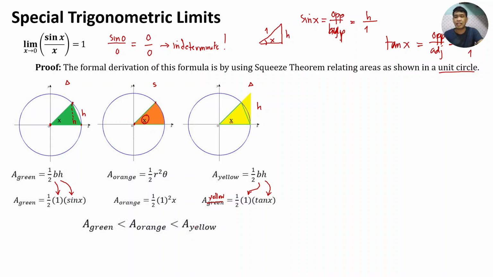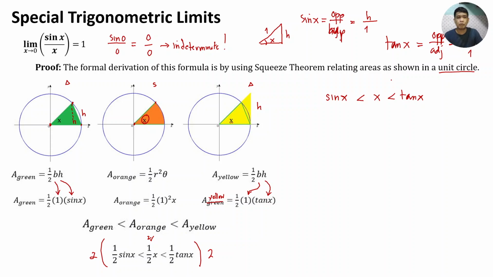Relating their areas, magkakaroon tayo ng 1/2 sine x is less than 1/2 of x, because 1 squared multiplied by x times 1/2 is 1/2 of x, and area of yellow is 1/2 tangent of x. If I'm to simplify this by multiplying this all by 2, this gives us sine of x is less than x is less than tangent of x.